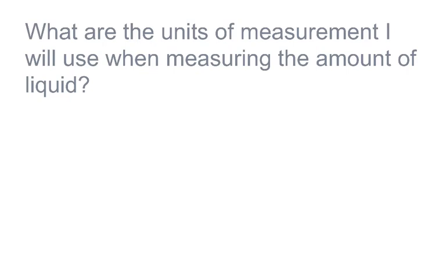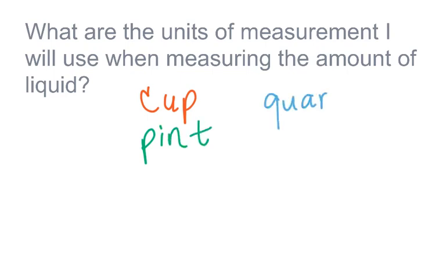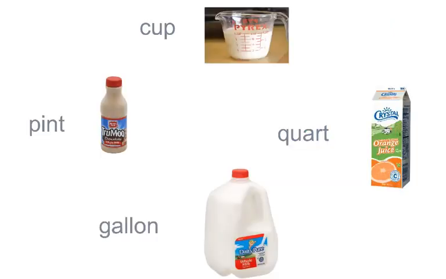Well, for measuring capacity, you're going to hear words like cup, pint, quart, and finally gallon. So these are the main words that we're going to talk about today, thinking about measuring liquid volume or capacity.